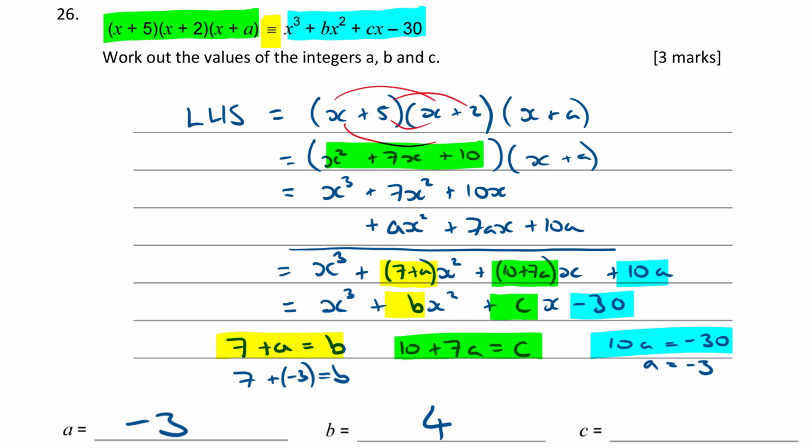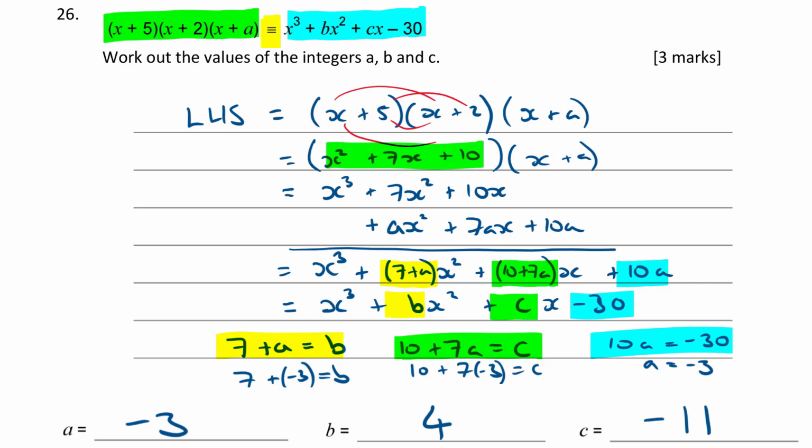And once I know b is 4 and a is minus 3, I can work out what c is as well. So 10 plus 7 lots of minus 3 is equal to c. So it's 10 plus 7 times minus 3, which is minus 21, so 10 take away 21 is negative 11. So c is negative 11.